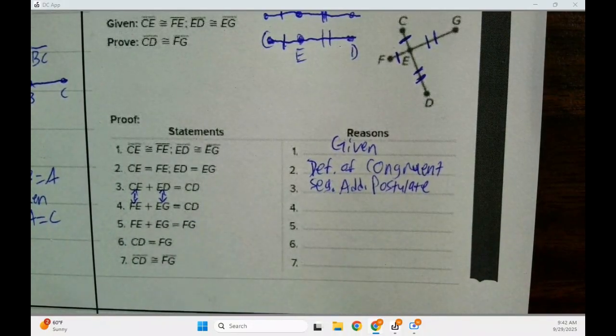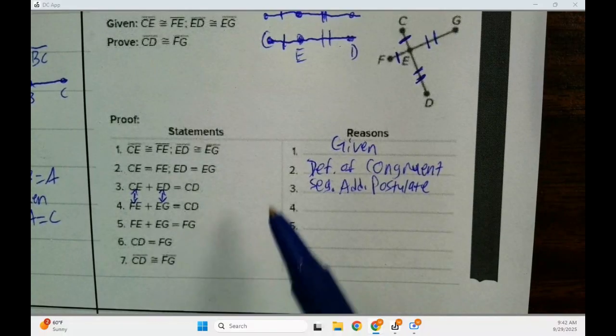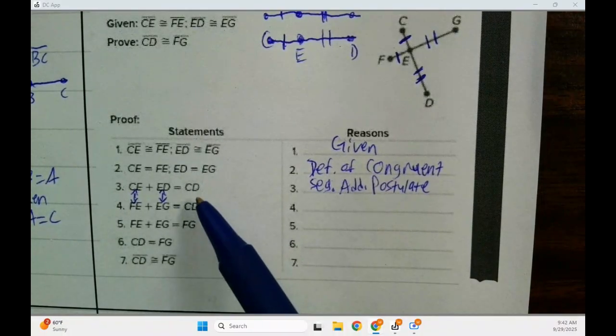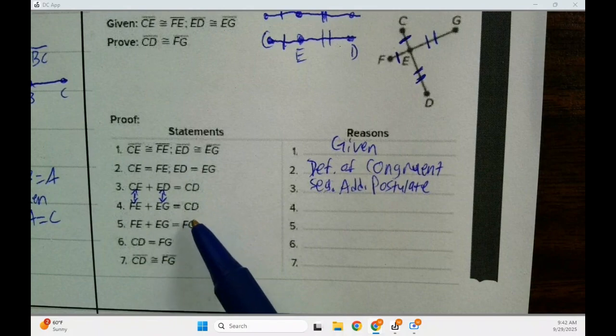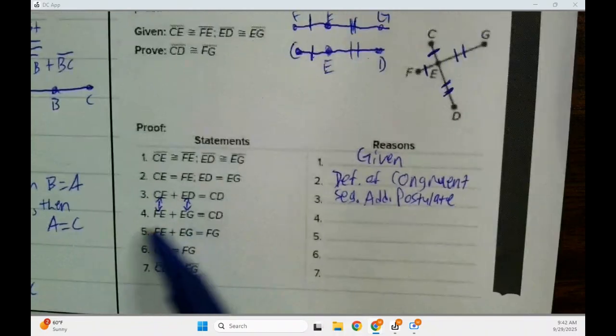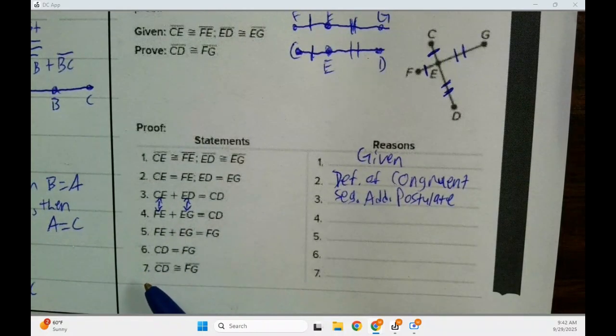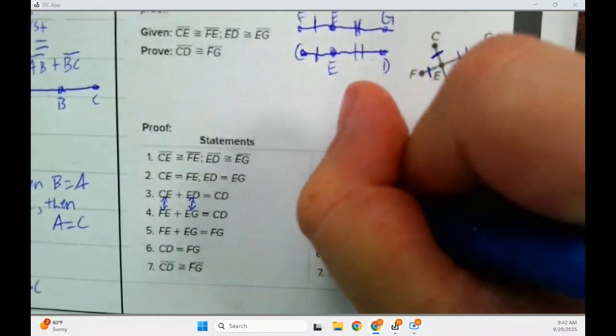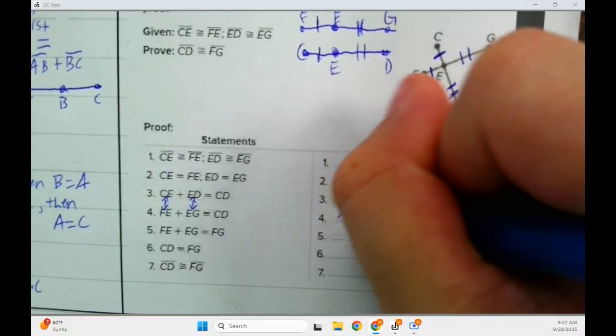Number 3 says CE plus ED is CD. Okay? But CD, right, all the way across, we substituted those in. You see how we substituted those in? Yeah, we just substituted. So substitution.